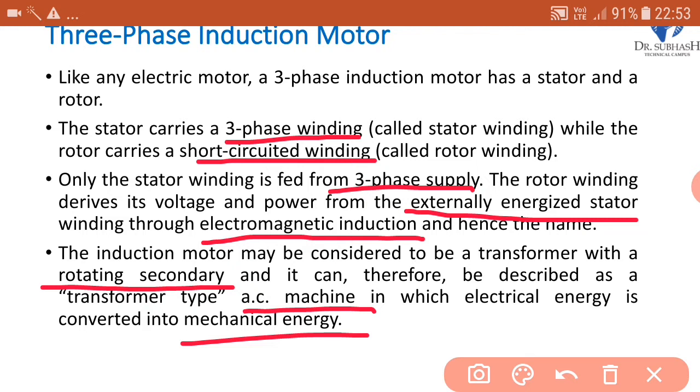So we can consider the induction motor as a transformer. For example, the stator is considered as a primary and the rotor is considered as a rotating secondary. Due to electromagnetic induction, the rotor will rotate. So this is the basic principle of induction motor.